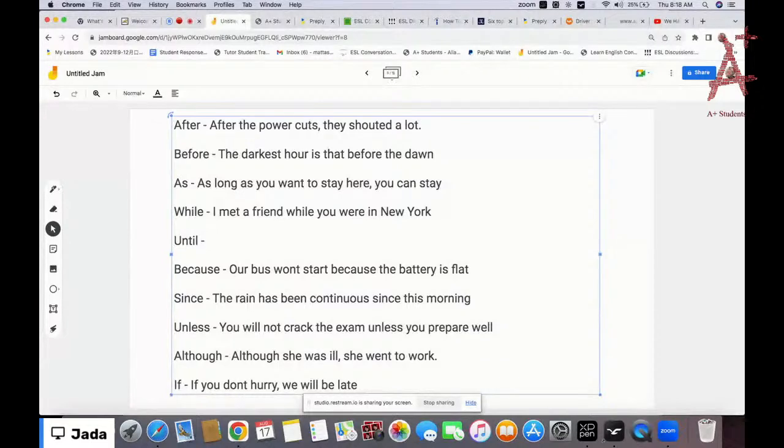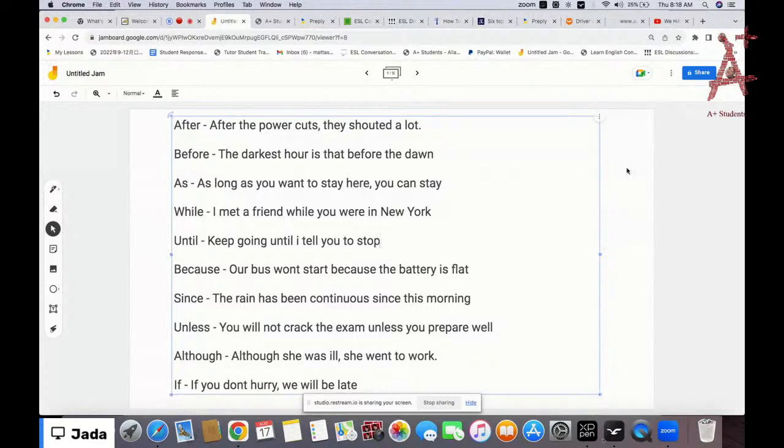Okay. Keep going until I tell you to stop. Okay, so everybody, now we have sentences each with different kinds of subordinating conjunction.